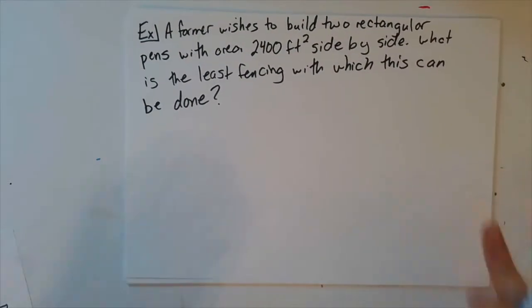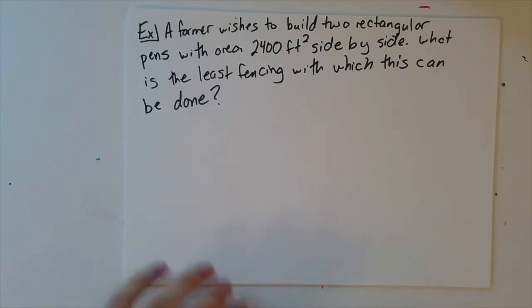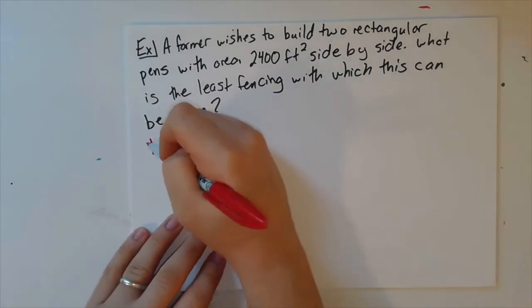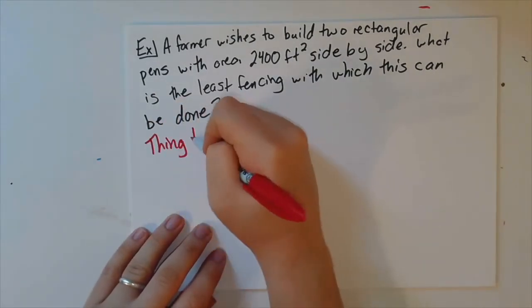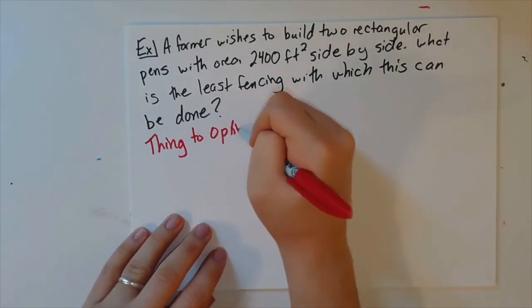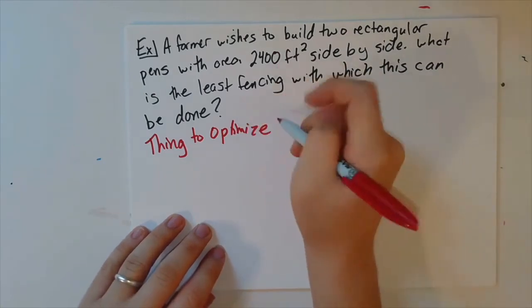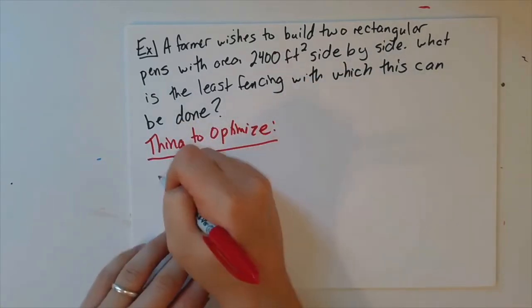Okay, so we want to figure out what's the best. Is the best one of the ones we've already drawn, or is there another fence that's even better than any of the ones we've done so far? So here again, we have a thing to optimize, and we have a constraint.